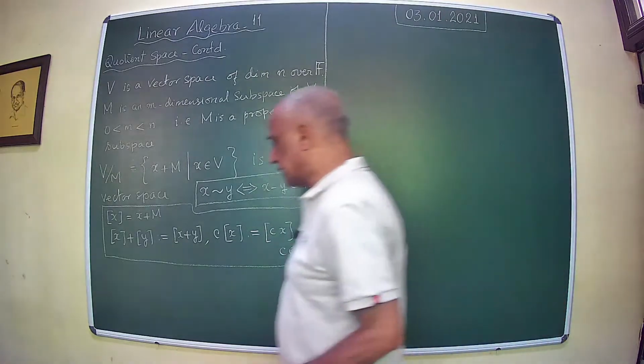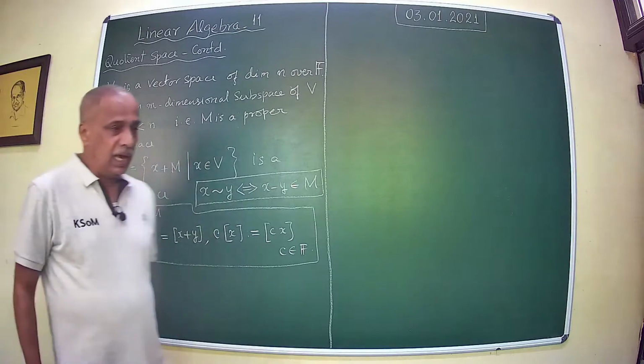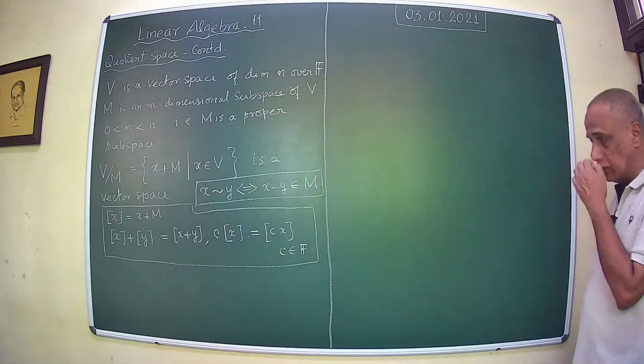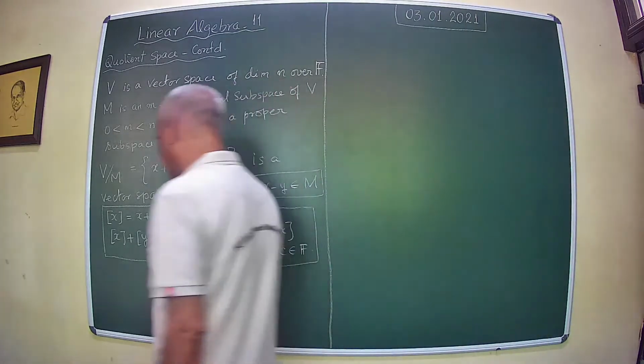So all those things have been looked into. Having proved that this is a vector space, we ask the question now: what is the dimension of V by M?